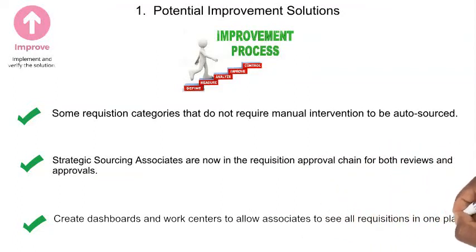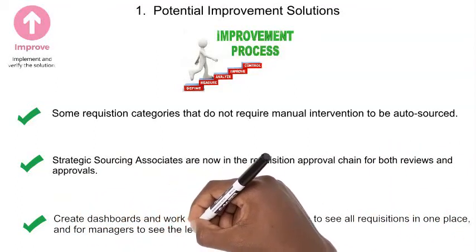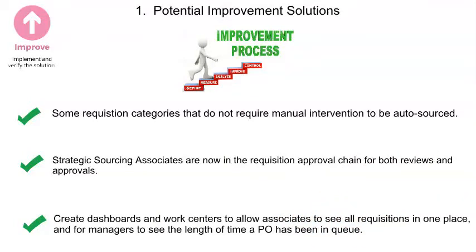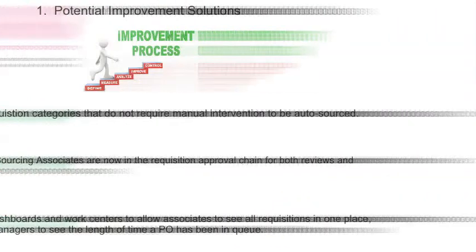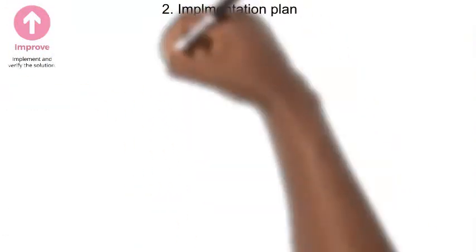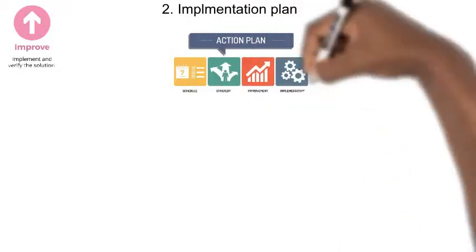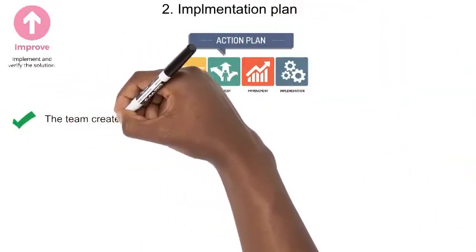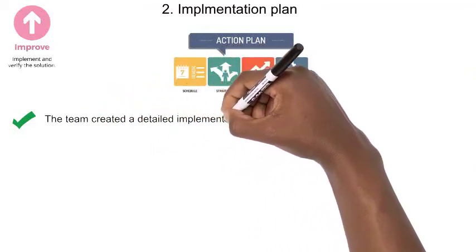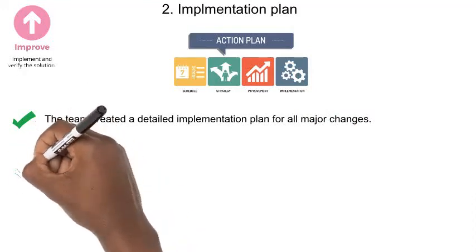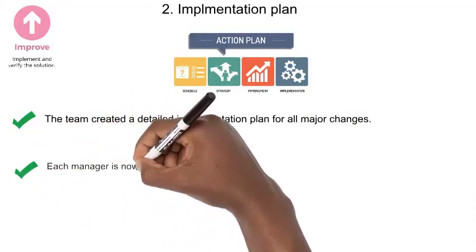Next, create dashboards and work centers to allow associates to see all the requisitions in one place and for managers to see the length of time a PO has been in the queue. So further, the Six Sigma team created a detailed implementation plan for all major changes.